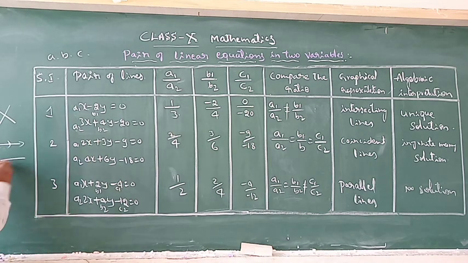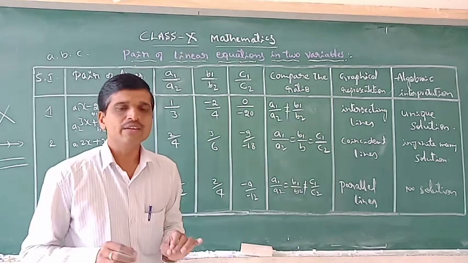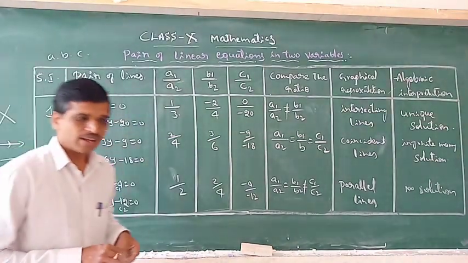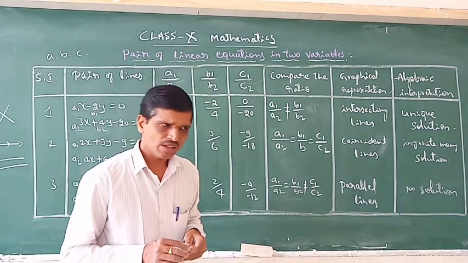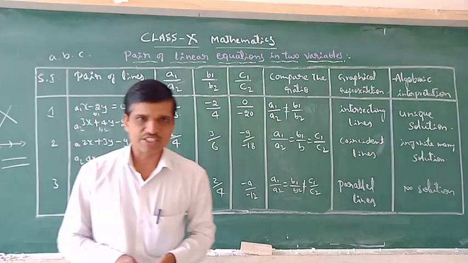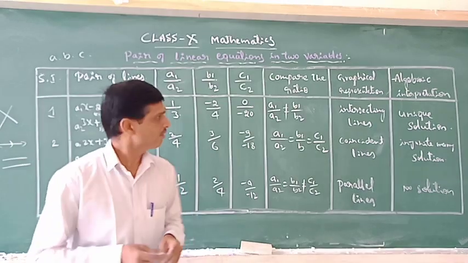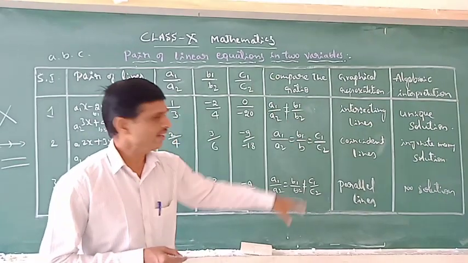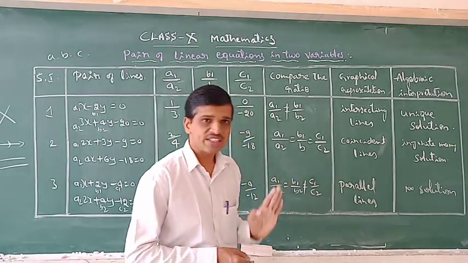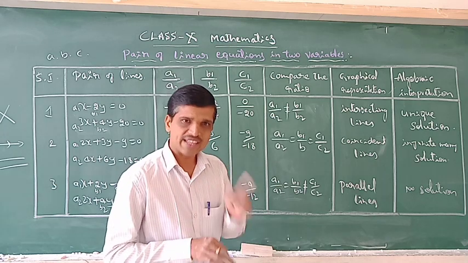And take the parallel. Parallel means they never intersect. This tabular column tells us how the lines look if you draw the graphical representation for the pair of linear equations. Suppose you draw the pair of linear equations in a graph. This shows only three conditions: intersecting lines, coincident lines, parallel lines. What is their interpretation? If intersecting lines, there is a solution, means they are consistent.